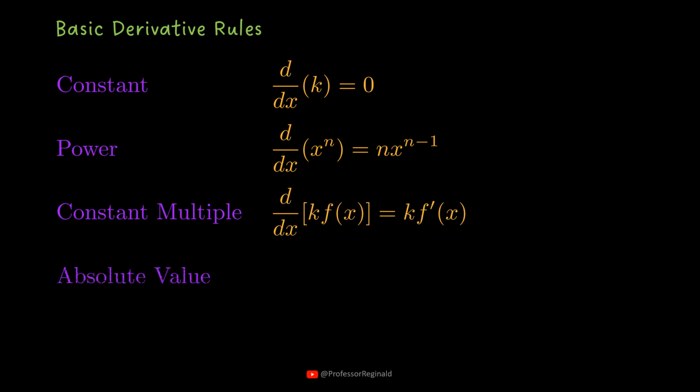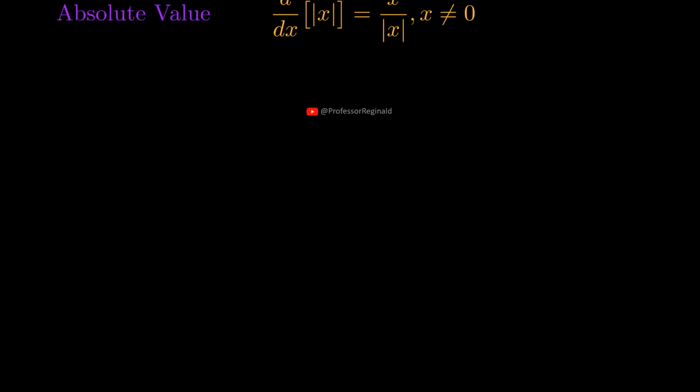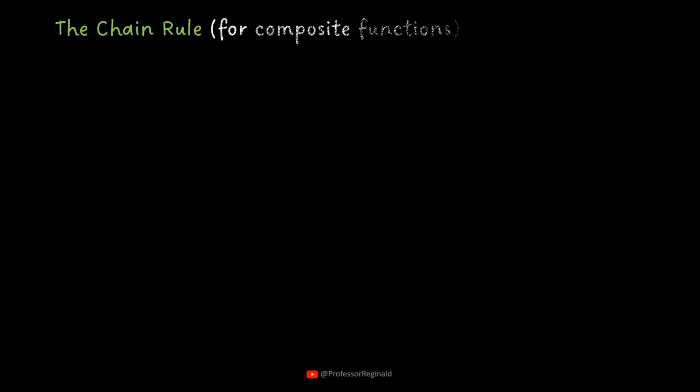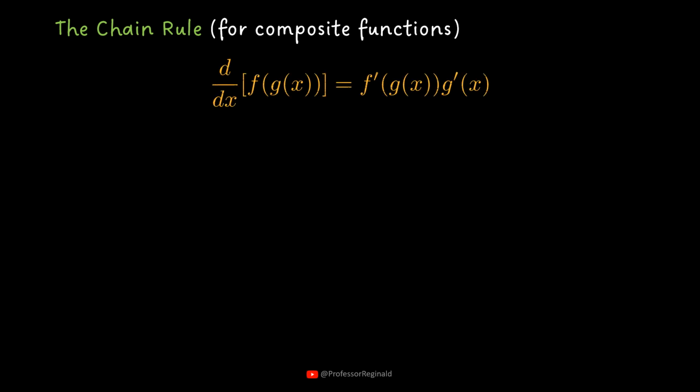Absolute value rule. Use the chain rule for composite functions. Generally, the derivative of a composite function is equal to the derivative of the outer function times the derivative of the inner function.